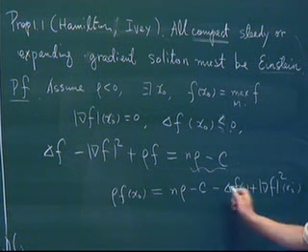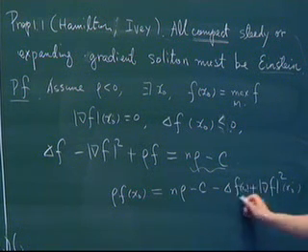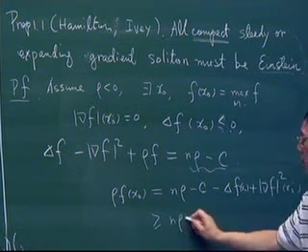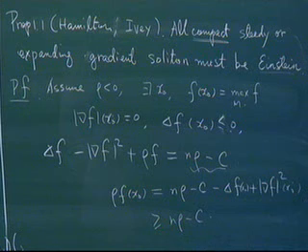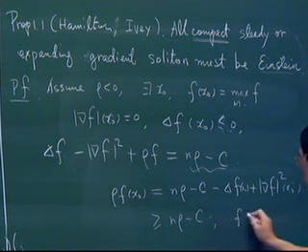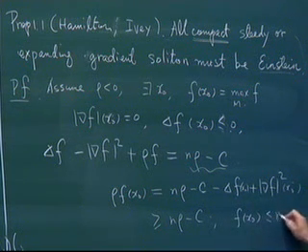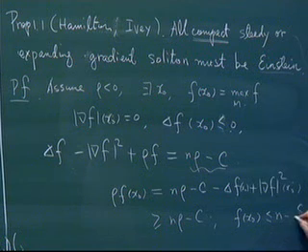So this is 0. This is less than or equal to 0. It's bigger than or equal to rho minus c. So f(x0) is less than or equal to n.